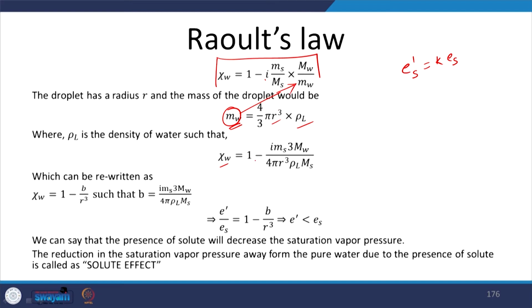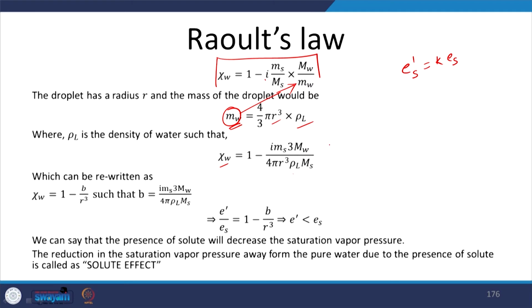So, chi w is 1 minus i, the degree of ionization, times ms, the mass of solute, times 3 times capital Mw, the molecular weight of water, divided by 4 pi r cubed, where r is the droplet's radius, rho l is the density of water, and capital Ms is the molecular weight of the solute, right.